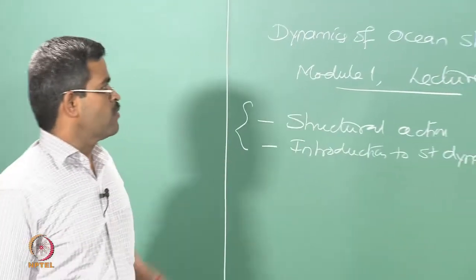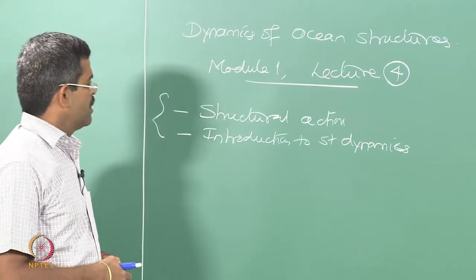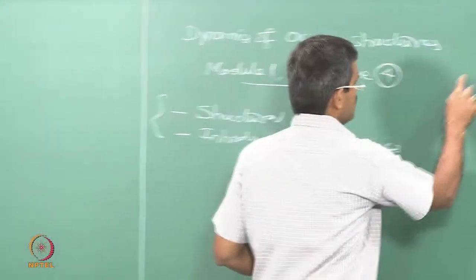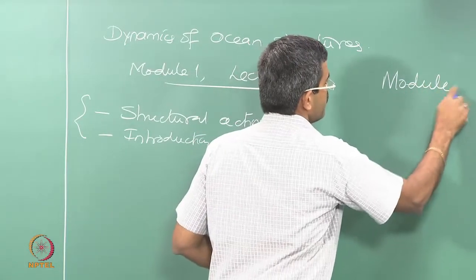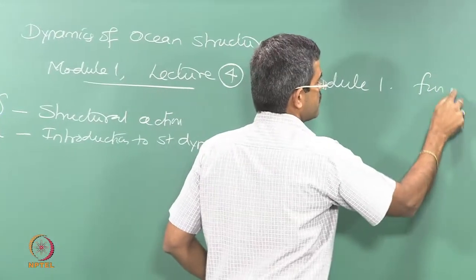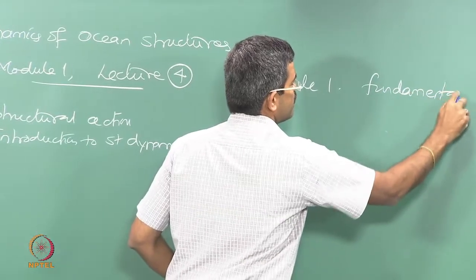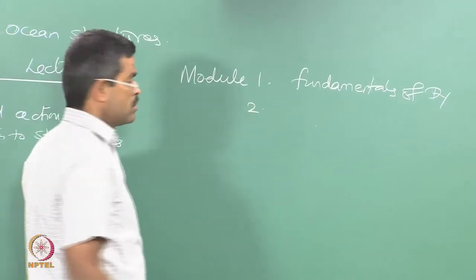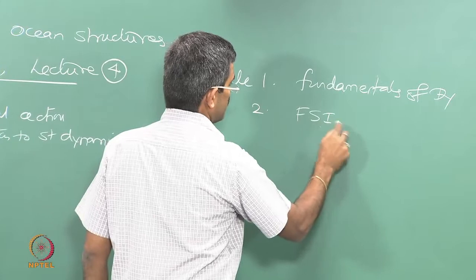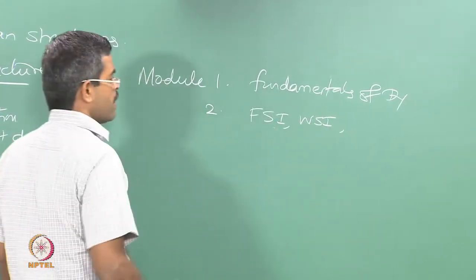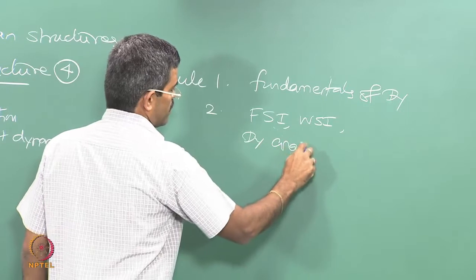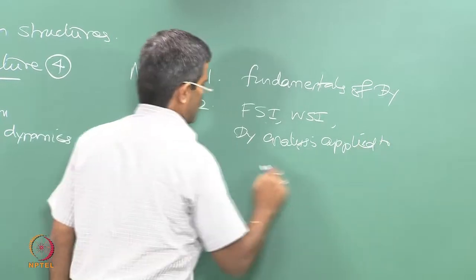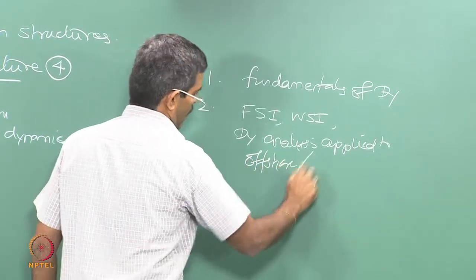So, today we will discuss lecture 4 on dynamics and ocean structures. This is in module 1. Of course, the whole course will be run in 3 modules. Module 1 will talk about fundamentals of dynamics, and module 2 will talk about fluid structure interaction, wave structure interaction, and dynamic analysis applied to offshore and ocean structures.